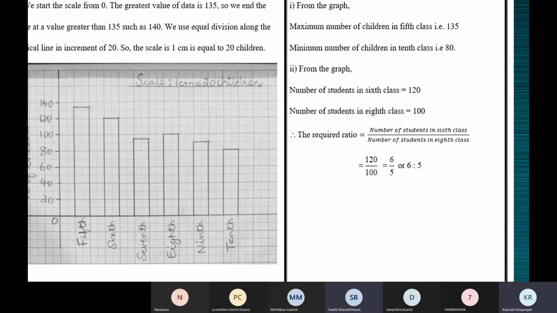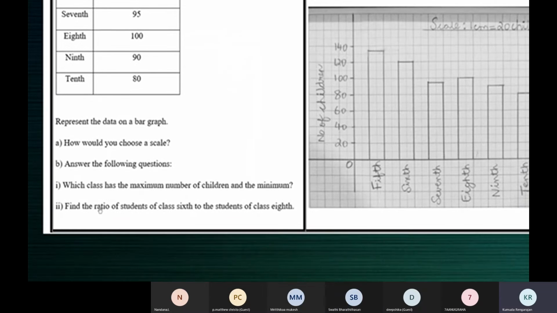Ma'am, instead of dividing 120 by 100 to get 6 by 5, can we also divide 100 by 120 and get 5 by 6? Is it also correct? That depends on the ratio asked. You should find the ratio of the students of class 6th to the students of class 8th. So you must write 6th standard students first and then 8th standard students.